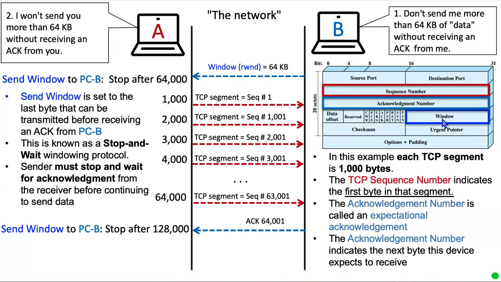Let's say it hasn't changed, it's still 64,000. So I will stop after another 64,000 bytes. I'll have to stop at byte number 128,000. So let me go ahead and start sending you those segments. So I'm going to send you the next segment, that has the sequence number 64,001, the very first byte in that segment.